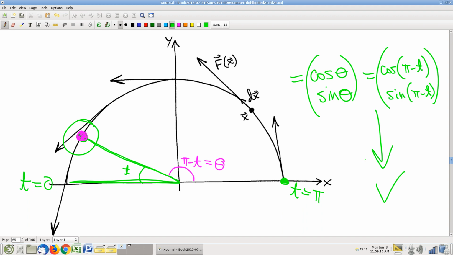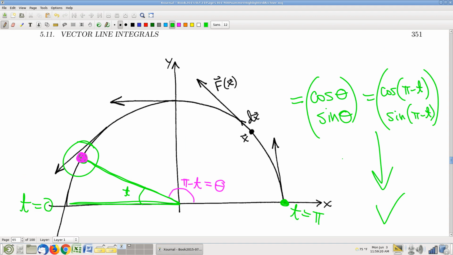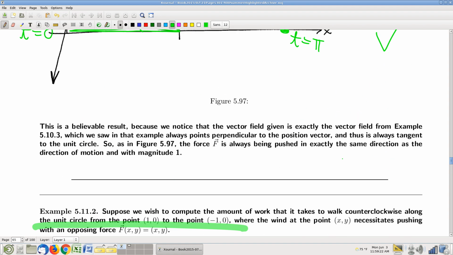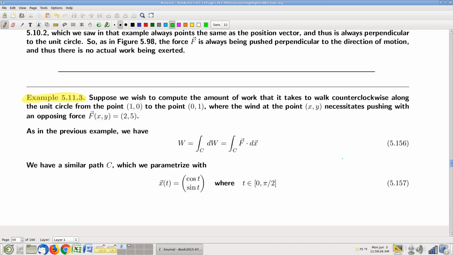Okay, one last quick example, and then let's see, how are we doing on time? Yeah, okay. We'll do this one last example. So here, let's go counterclockwise along the unit circle, with a different starting point and different ending point anyway.